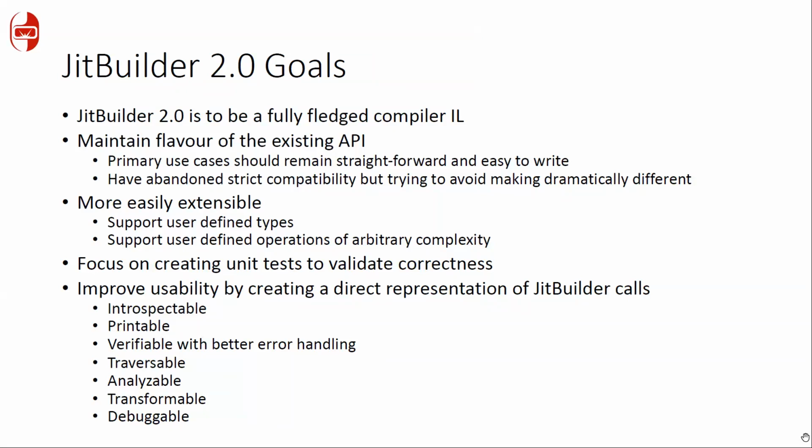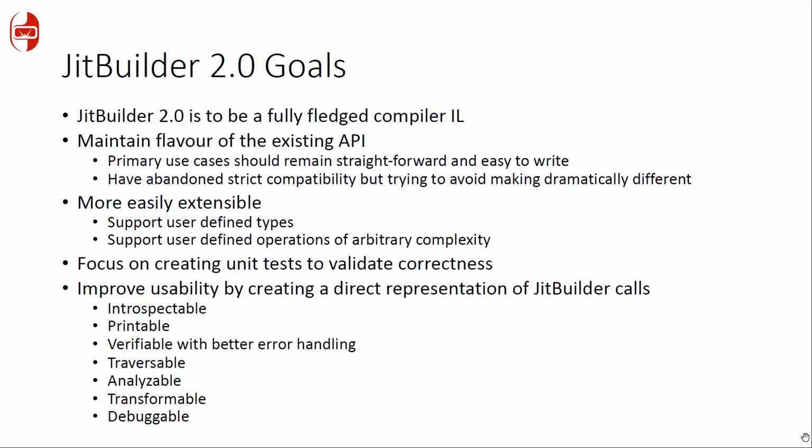I am trying to increase the focus here on creating unit tests to validate correctness as I go. I've added this one to the list since the last time I presented this. This essentially comes from a desire not to get stuck in the same way that the OMR compiler got stuck with a lack of unit tests and a seriously large amount of code that made it hard to write a unit test suite, or at least a lot of work to start building one up.